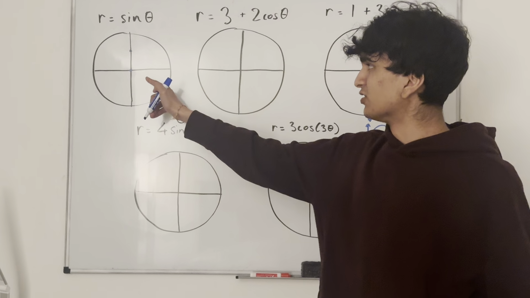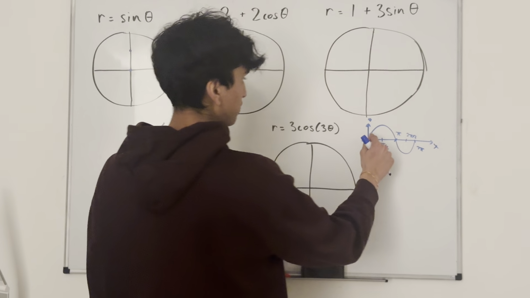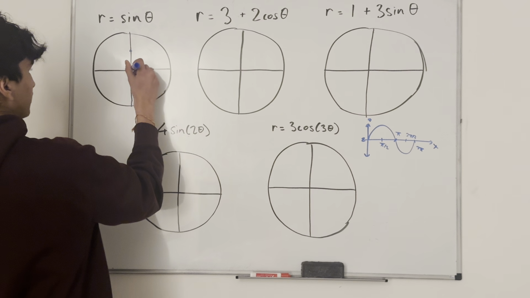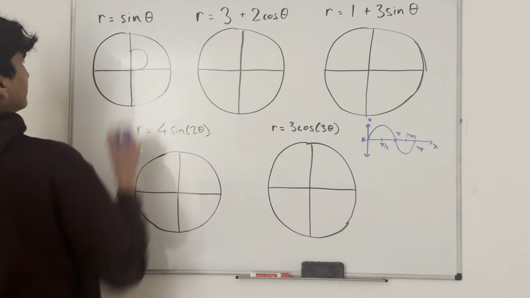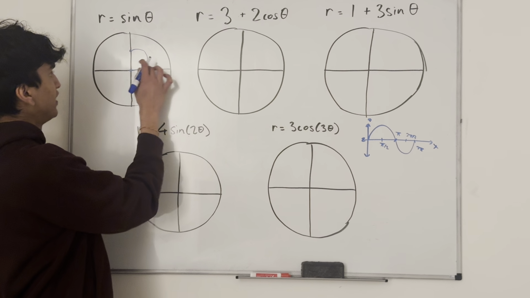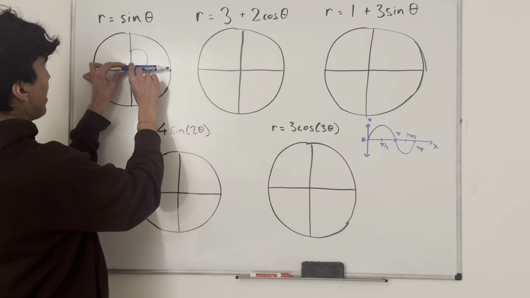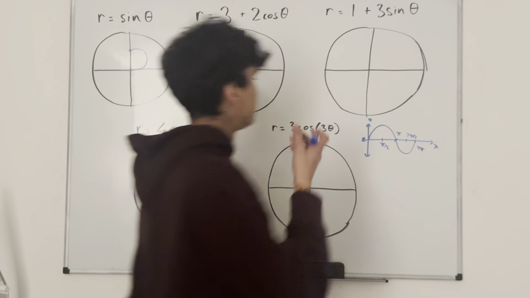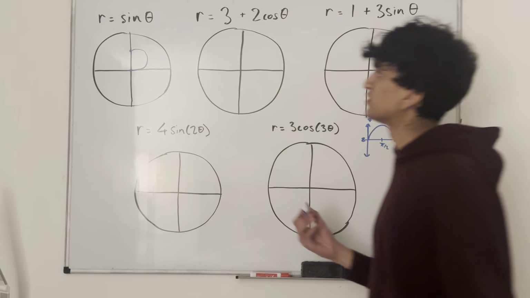But in between 0 and pi over 2, we know that the output, the r value, is going to increase. As my theta increases, so does my r value. Then, as you go from pi over 2 to pi, that r value is going to decrease.